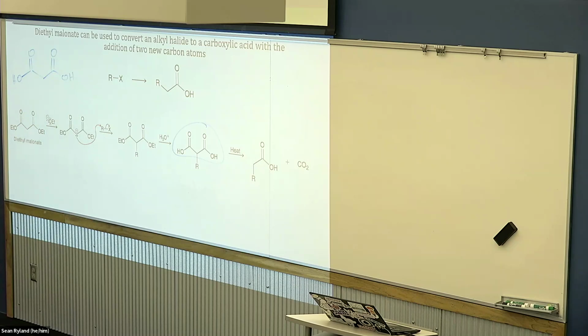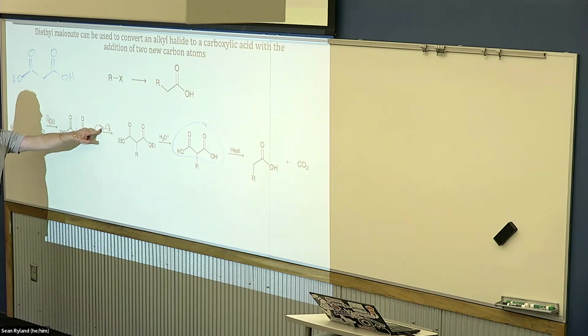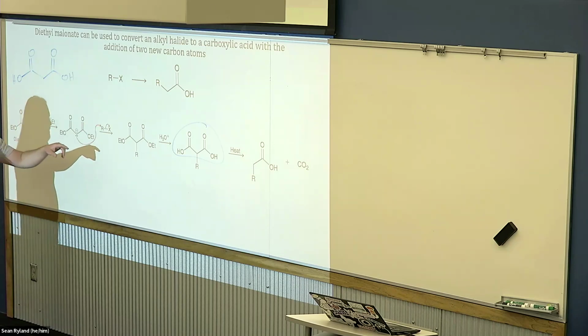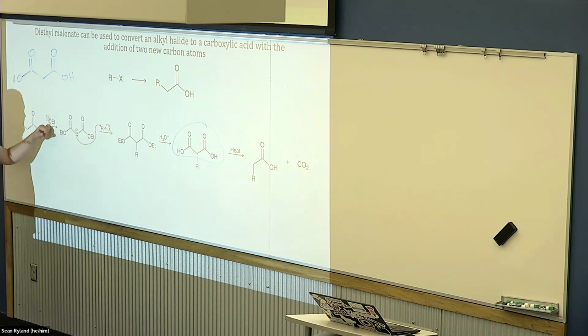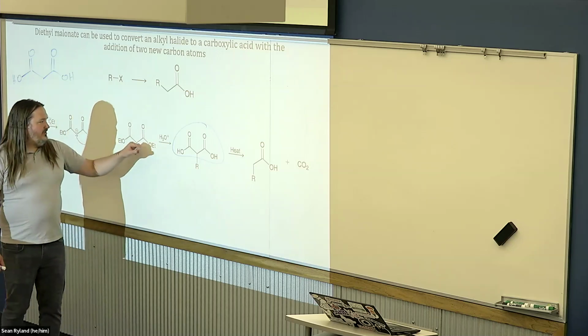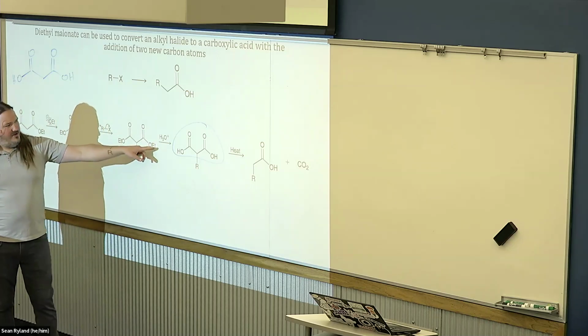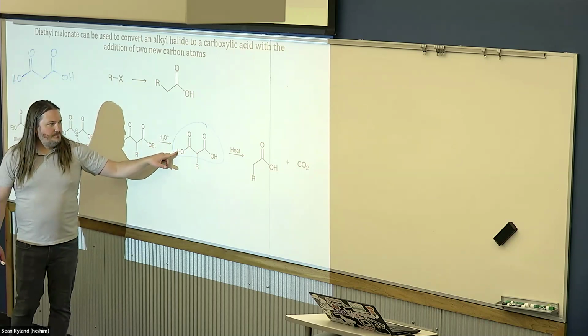The other things that we get out of this, so this is basically just going to be an enolate acting as a nucleophile. The advantage that we get though is that after we add one, we can use a pretty weak acid or weak base to do that because it's doubly stabilized. And then we can hydrolyze the esters to make it back into malonic acid.